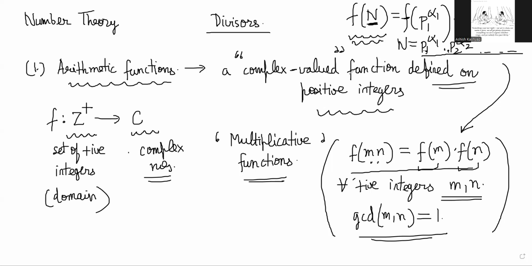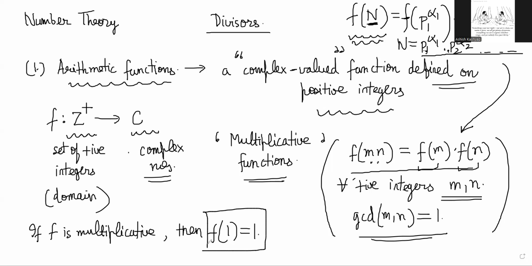Okay. So also, if a function is multiplicative, then f of 1 will be equal to 1. 1 is an input integer, f of 1 will be equal to 1. Why is this happening?